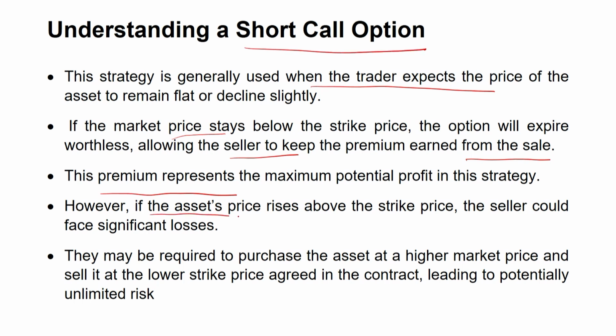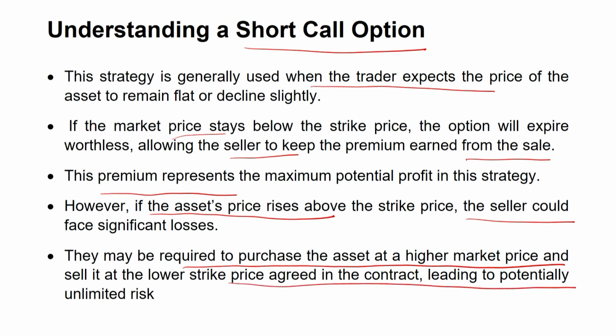Now, if the asset price rises above the strike price that is negotiated between the two parties, the seller could face significant losses in the contract, and they may be required to purchase the asset at higher market prices, that is, above the strike price of the contract, which potentially poses unlimited risk on the holder of the short call position.